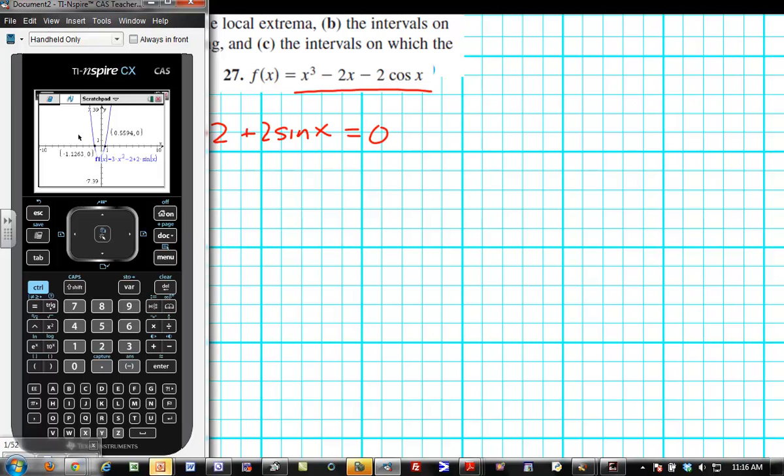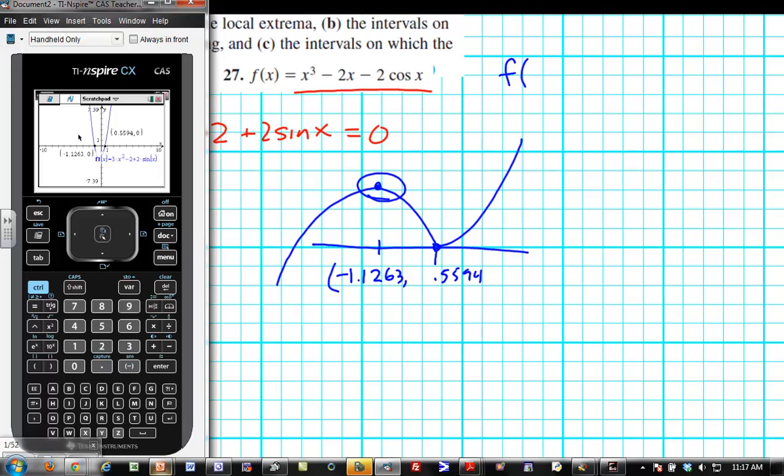If we have a function that's increasing and hits some point at negative 1.1263, and then the function starts decreasing until we hit the value x equal to 0.5594, and then it starts increasing again, it sure seems that whatever value is at negative 1.1263 must be a local max.